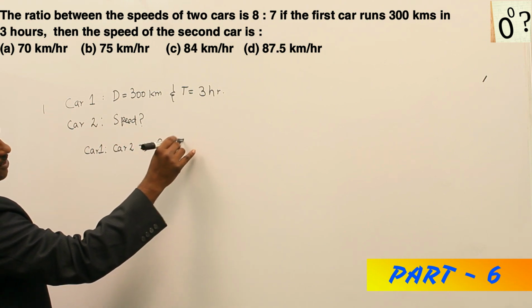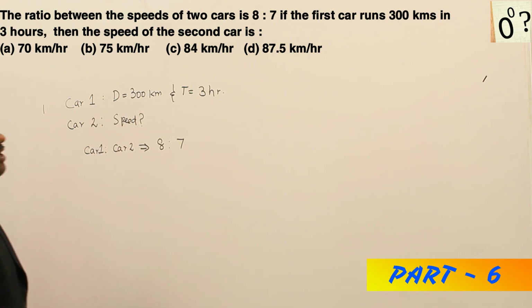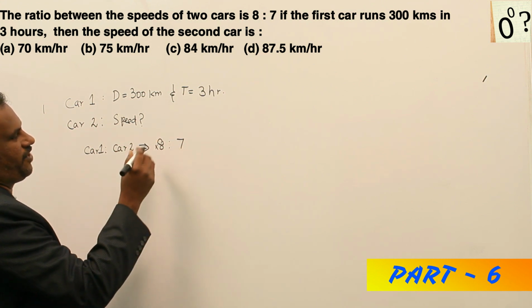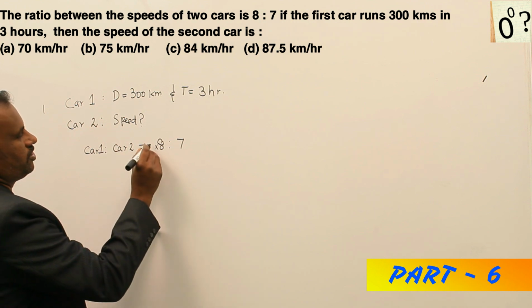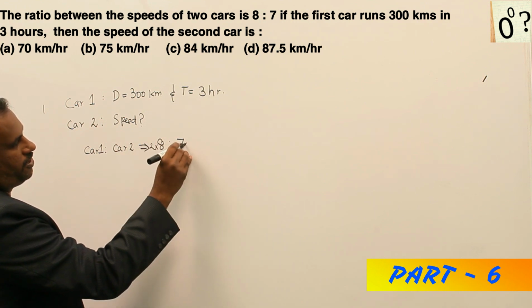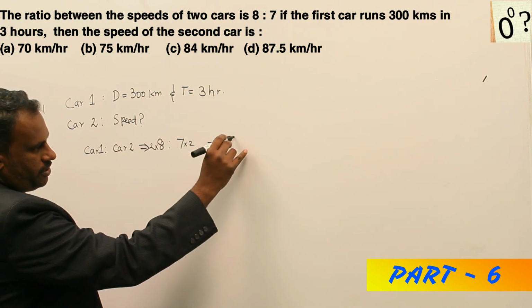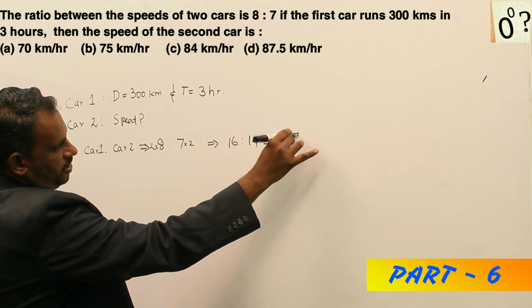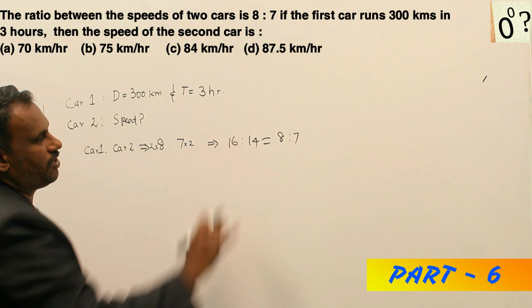which is equal to 8:7. I already told you, if you multiply any number on both sides of the ratio, it never changes. Suppose you multiply 2 here and here, it is 16:14, and this ratio is equal to 8:7. So this ratio never changes.